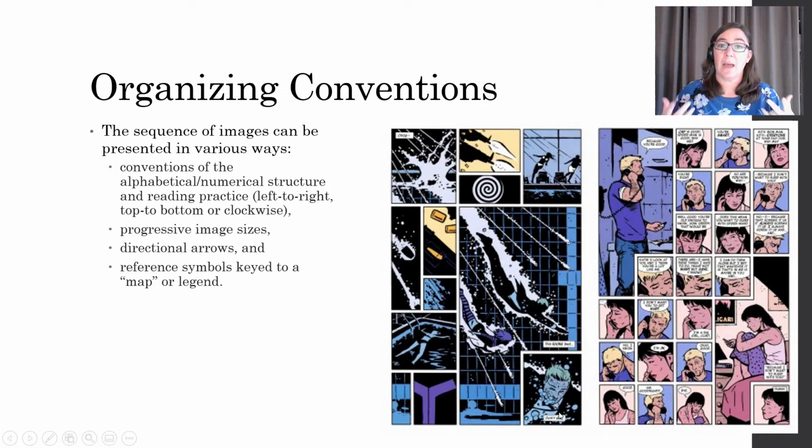This is really common because we are trained as readers to follow that particular convention. You can also organize along progressive image sizes, either increasing or decreasing. You can use directional arrows and direct your viewer around a page. Or, and this one is fairly commonly used in architecture, you can reference symbols keyed to a map or a legend.